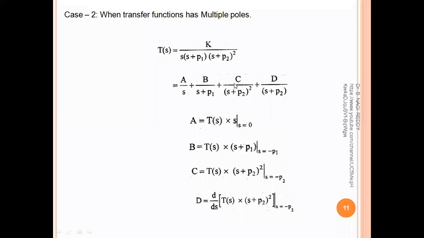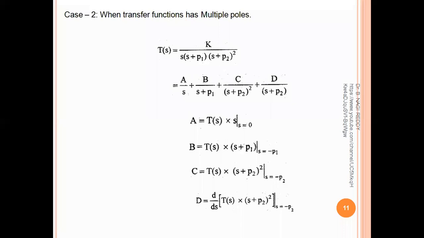But you can see C and D are split, and both belong to the s plus p2 whole square term. So we write C as the whole square as given in the transfer function, and for D we must take the internal differentiation of this squaring term.